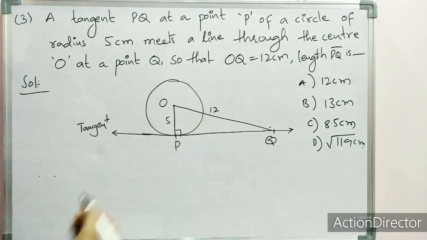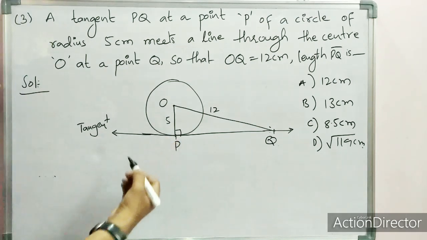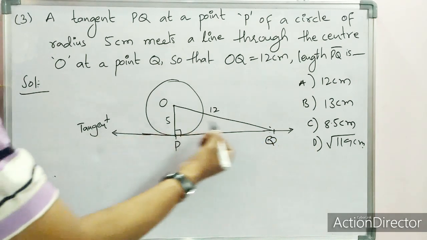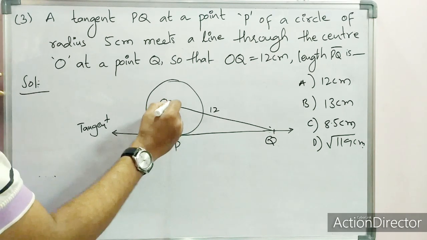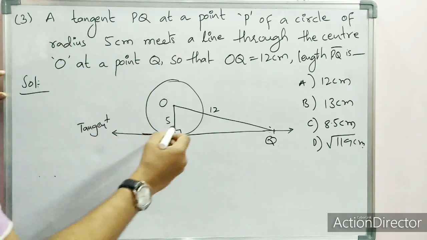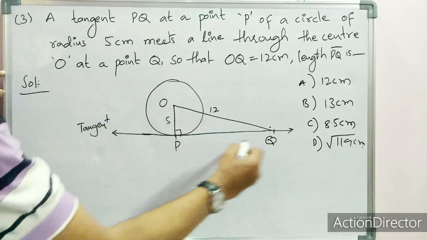Here one very essential point is, a tangent is always perpendicular to the radius. Here you observe this is a right angle triangle.